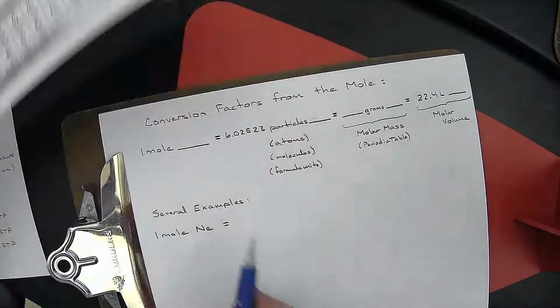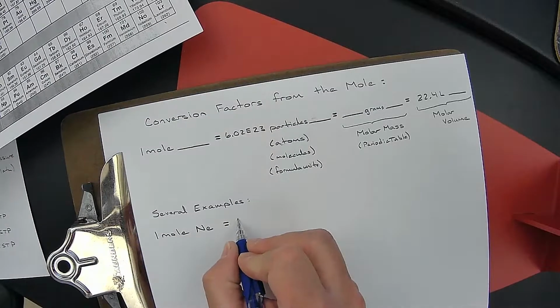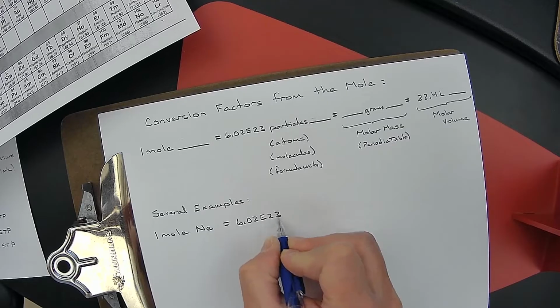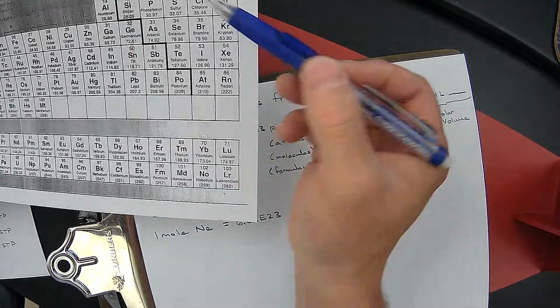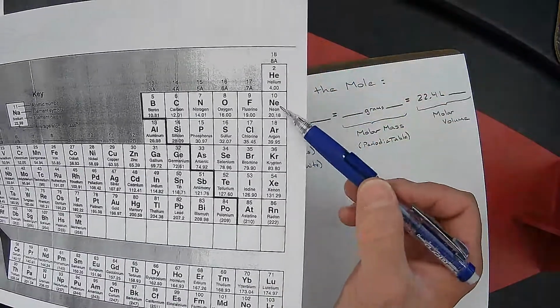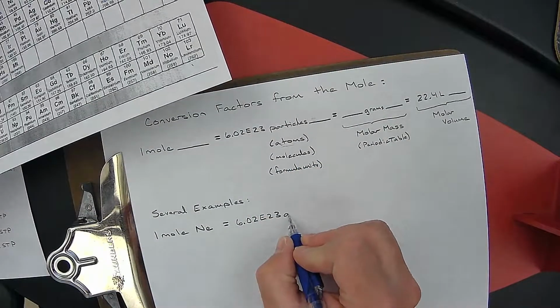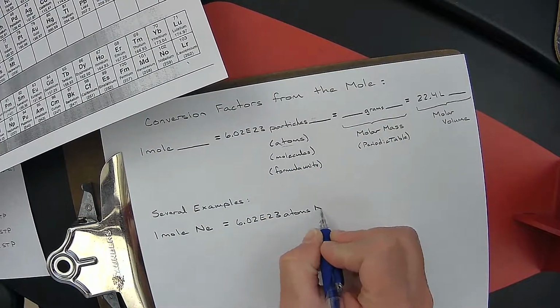Well, we know that 1 mole of neon will always be 6.02 e to the 23rd, and I've got to label these. I'm not going to call them particles because I know what these are now. Neon are individual atoms, so I'm going to call them atoms of neon.